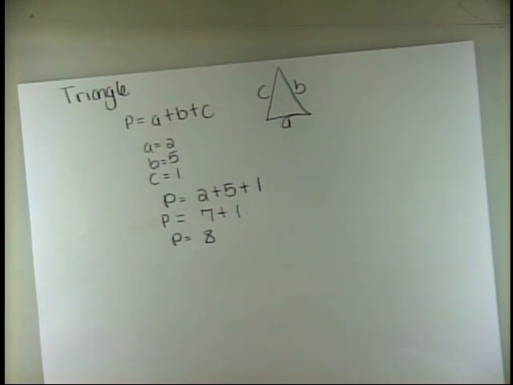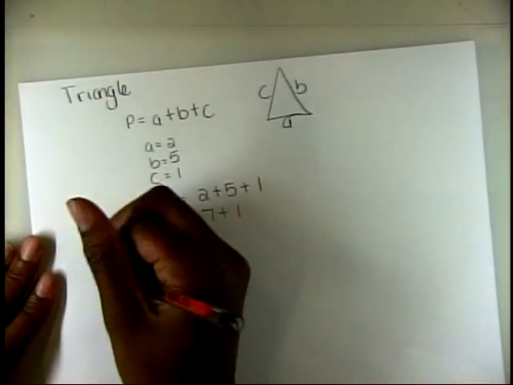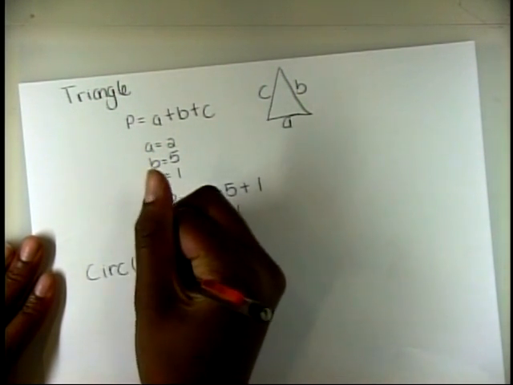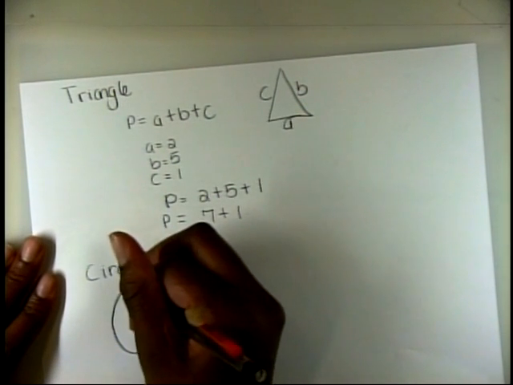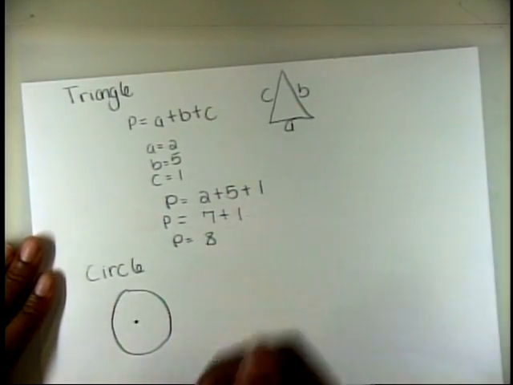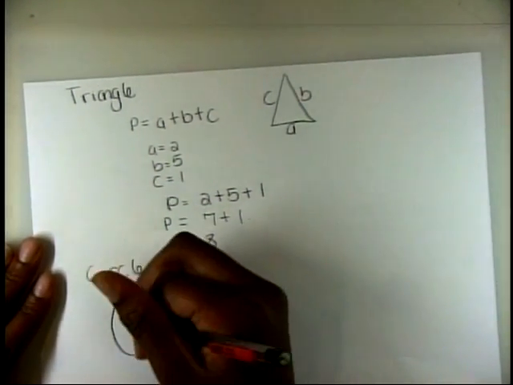Next, I will have the circle. Now, this is where it gets tricky. Circle. I'm going to draw a circle. The middle section in the circle is known as the radius.